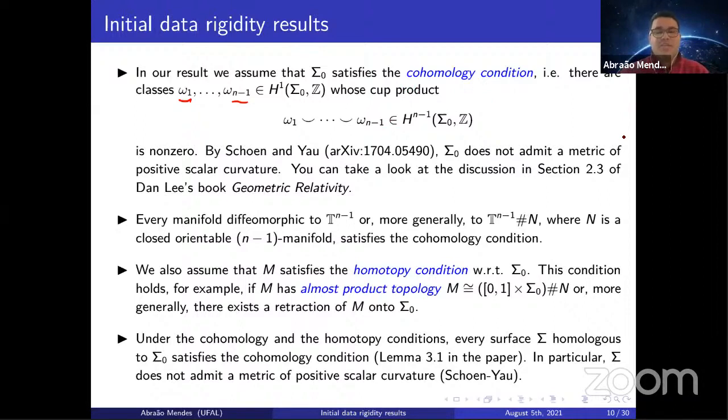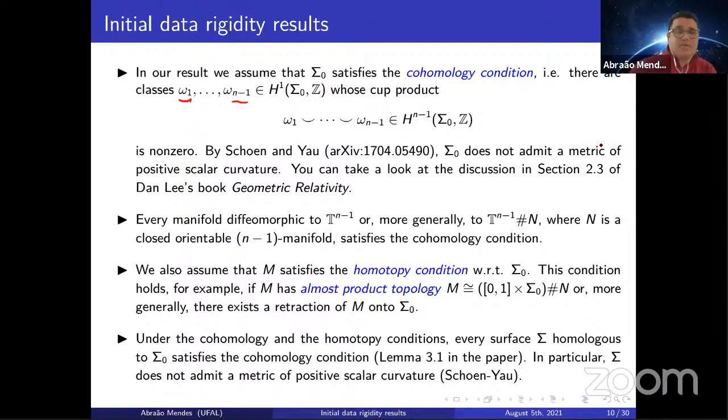So by Schoen and Yau, if sigma naught satisfies the cohomology condition, then it doesn't admit a metric of positive scalar curvature. In particular, the (n-1)-torus, or more generally, the connected sum of the (n-1)-torus with some orientable closed (n-1)-manifold satisfies the cohomology condition.